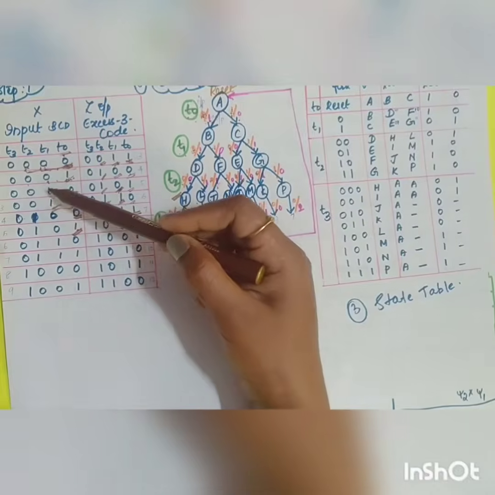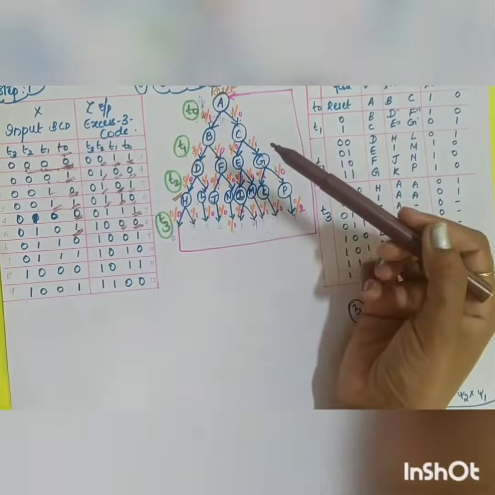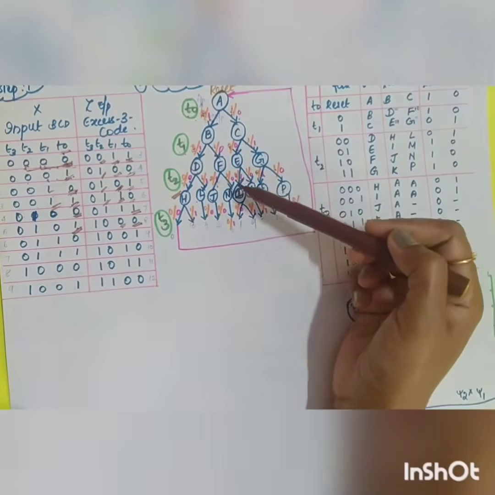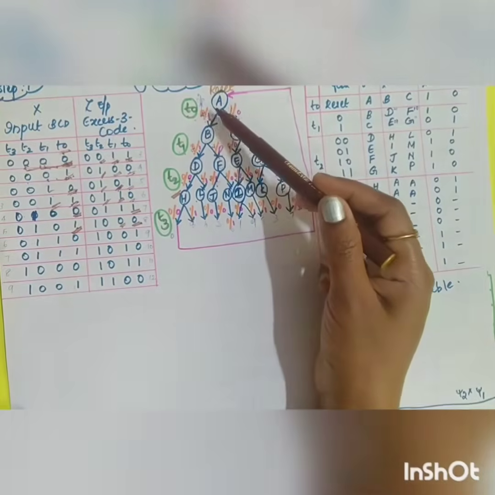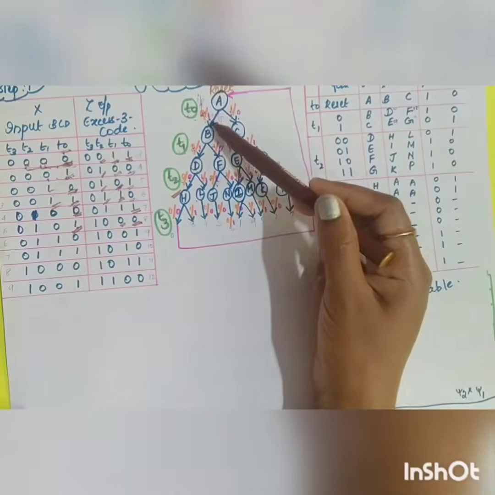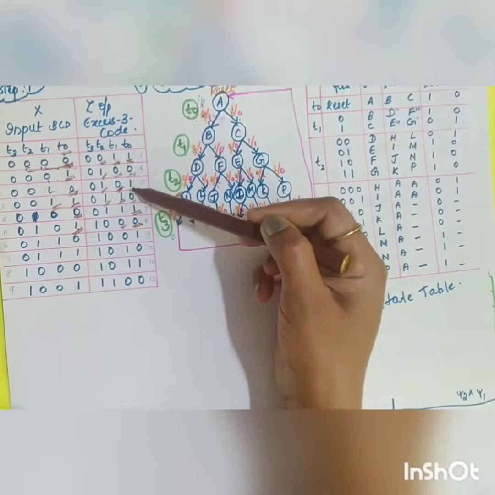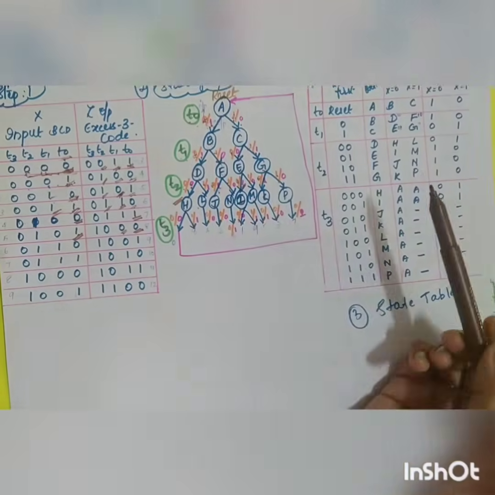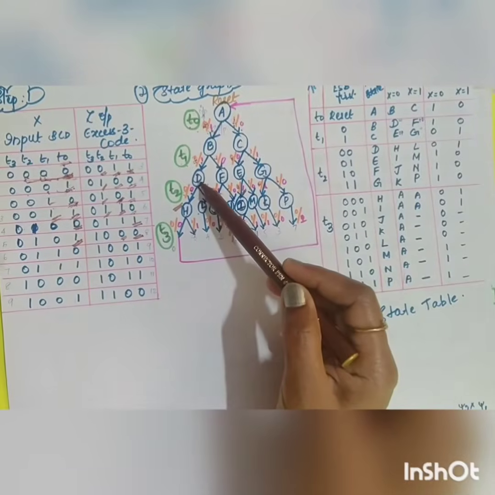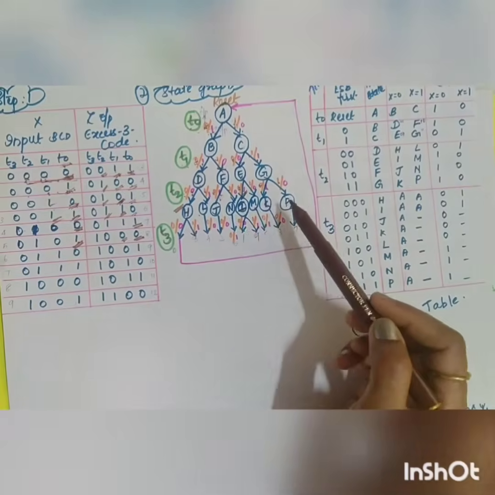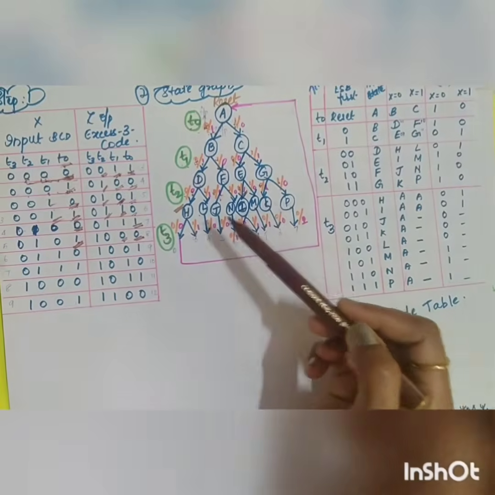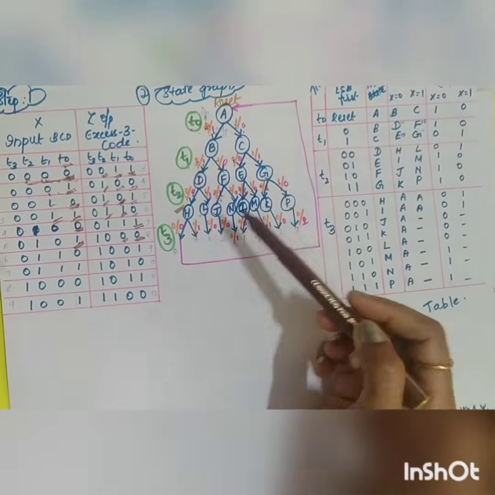For example, if it is 0, 1, 0, where is your 0, 1, 0? 0, 1, 0 is your input. The output is 1, 0, 1. So this is how you have to proceed. So you have to complete D, E, F, G. Similarly, your H, I, J, K, L, M, P.